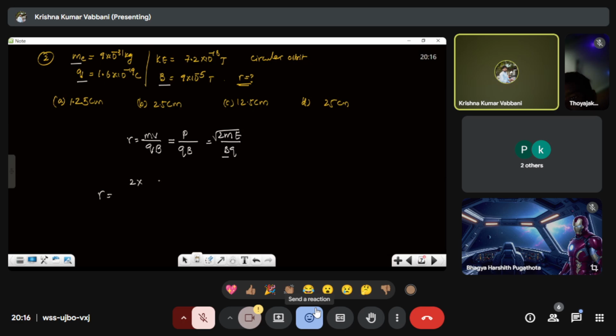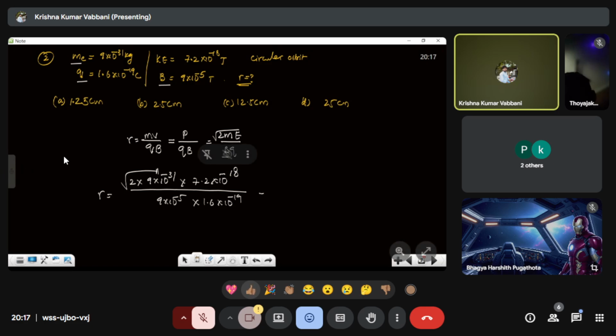So 2 into the mass, 9 into 10 power minus 30, energy is equal to 18 joules, divided by 9 into 10 power minus 5 into the charge. Charge is equal to 1.6 into 10 power minus 19. This is all under the square root. Let's see how much this is going to be. 7.2 times 7.2.